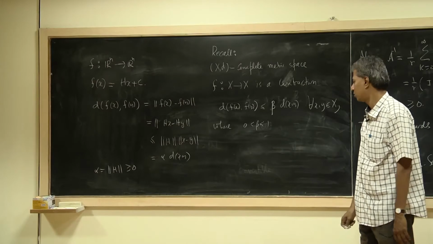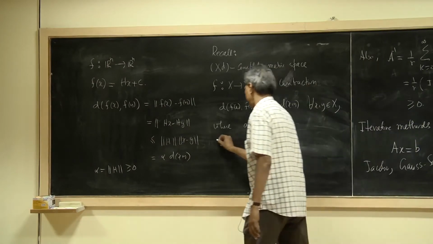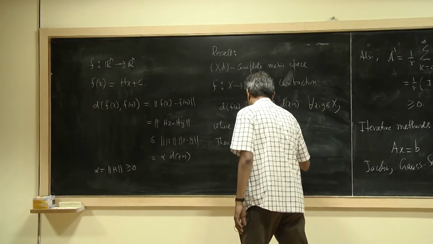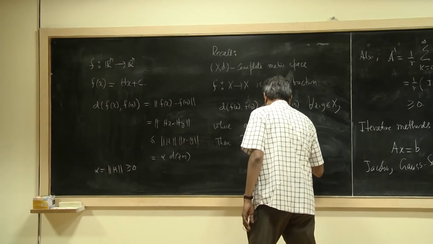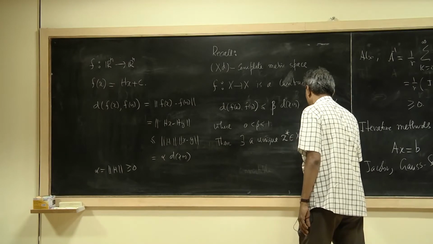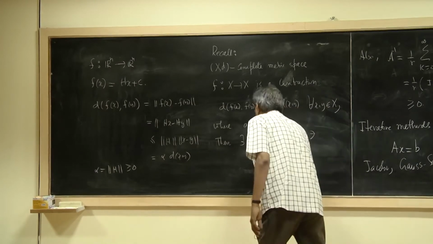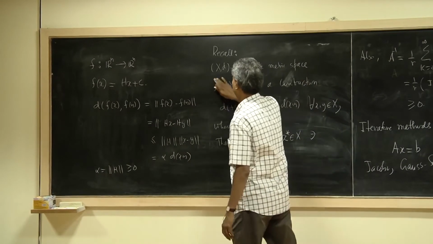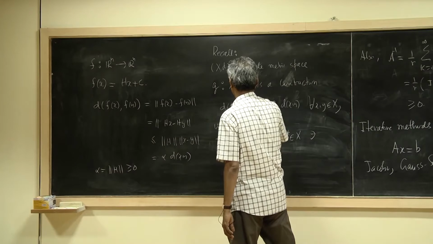F is a contraction. What does Banach's contraction mapping principle say? The statement is that there exists a unique, I'll call it x star, in X of course, such that, instead of f, I'll use g. F is something that I'm using here, so let's say g everywhere.